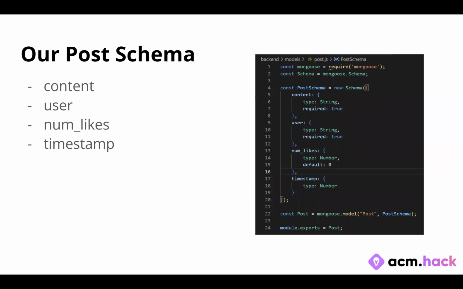The type of the content is going to be a string, and I'm going to say it's required. The type of the user is going to be a string, also required. The number is going to be a number, obviously, and the default value is 0, right? No one, as much as we want to, wants to start with a million likes. You can code that in here if you like. And lastly, timestamp is going to be a number as well. That's going to be my schema.